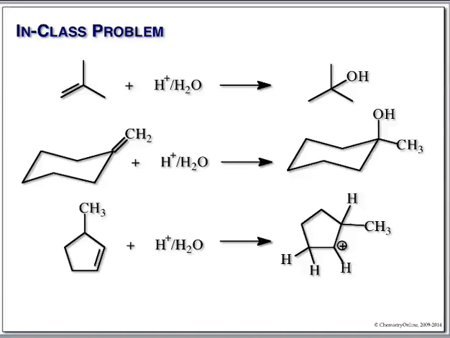What we have done, hydrogen with its electrons, called a hydride, simply slides over from here to here. When it does, it leaves the positive charge here.